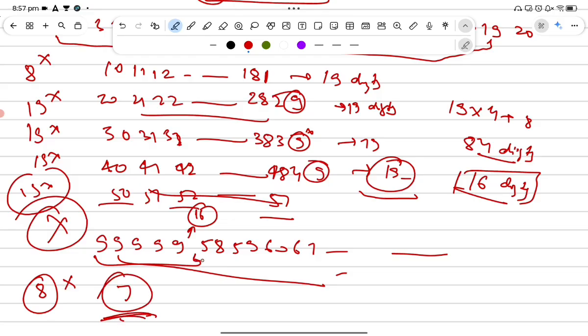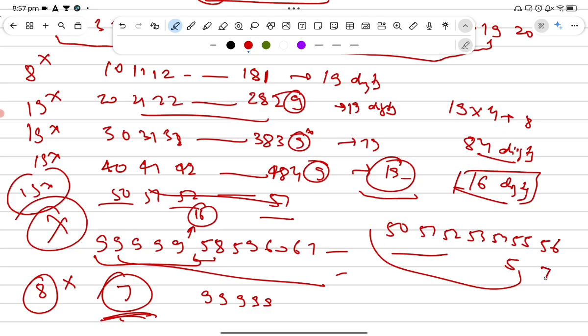What do we have? 5. We need what? 7. So we have got 9, 9, 9, five nines. What we'll do is delete everything from 51, 52, 53, 54, 55, 56, and 5 till here. We'll leave 7. Alright? So 7 and then 58.